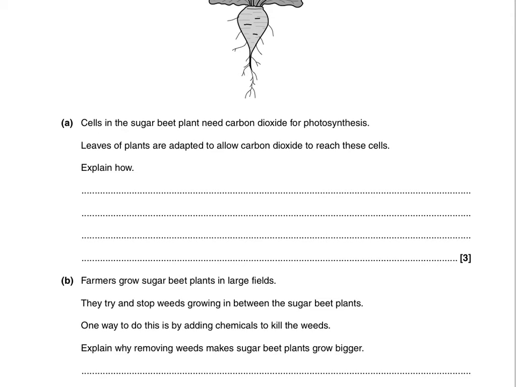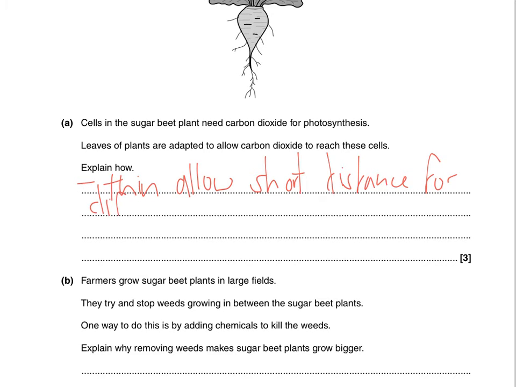So for 1, you could say that it's thin to allow short distance for diffusion. Another one could be that it's got a stomata or stoma, which can open.